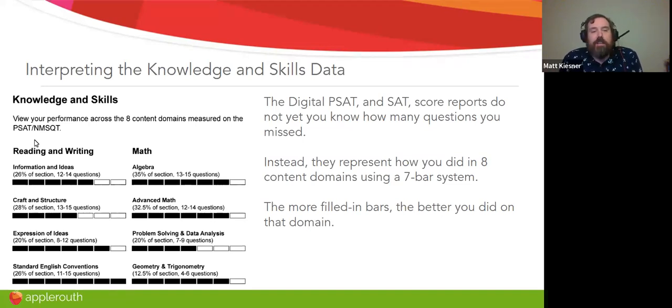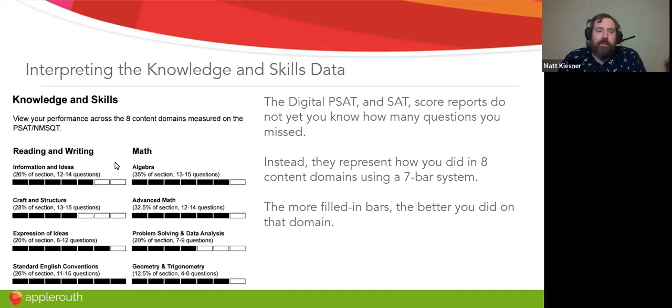Instead, they're giving it in the 7-bar system, and they've been consistent with this. This is the first time the PSAT has been administered, but students internationally have been taking this test since March, and this is the score report that I think they're going to be using for the foreseeable future.